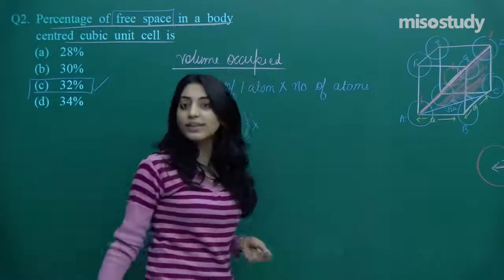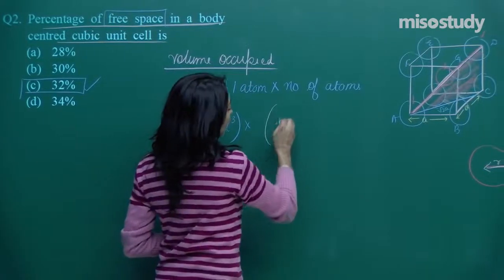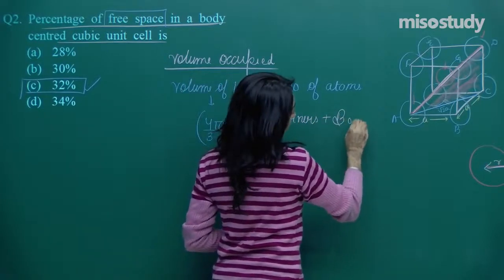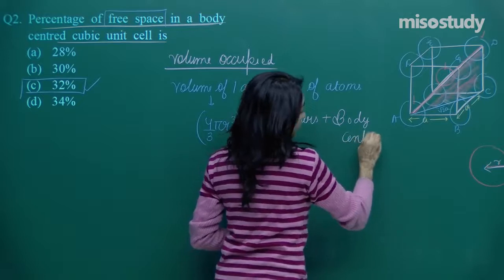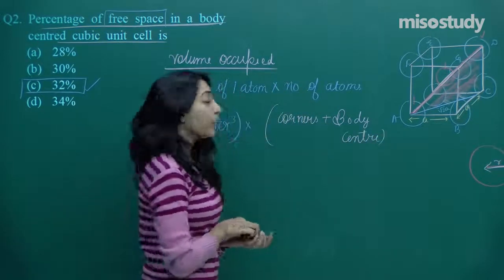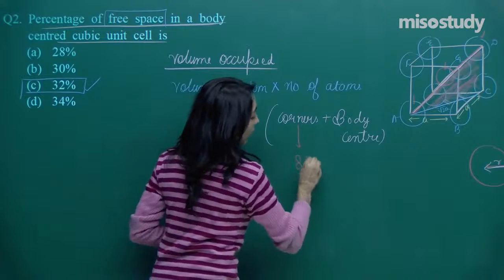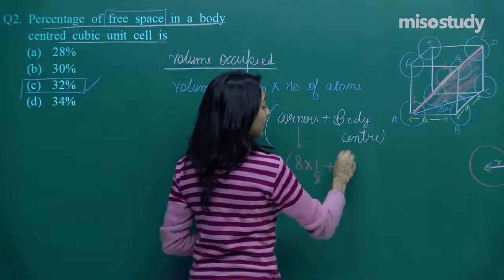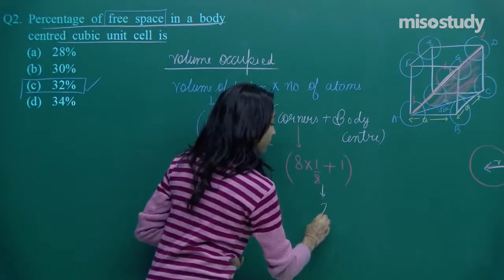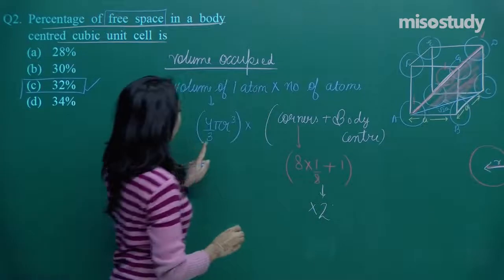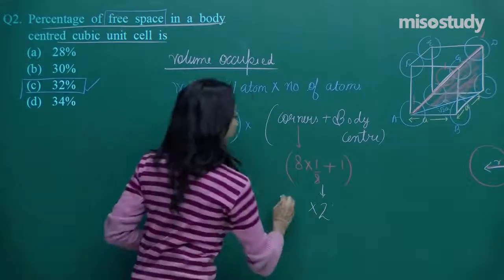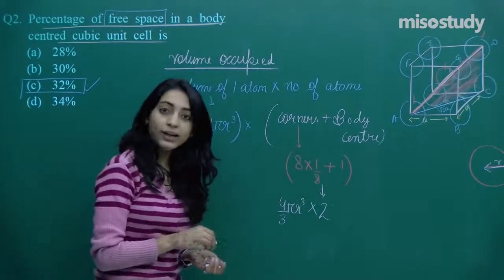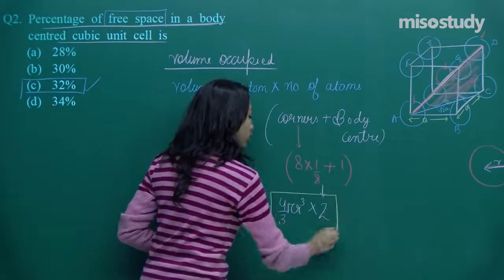In the case of body centered cubic unit cell, atoms are present at the corners plus at the body center, right? How many atoms are there in the corners? 8 with a contribution of 1 by 8, plus 1 complete atom in the body center, making it a total of 2. So we finally got the value as 2 multiplied by 4 by 3 pi r cube. Okay. So you finally got the value of volume occupied.